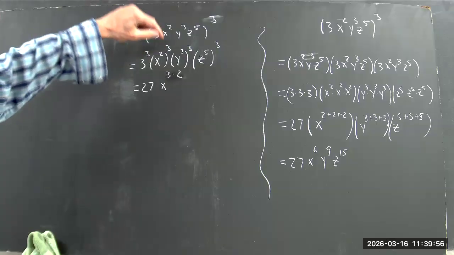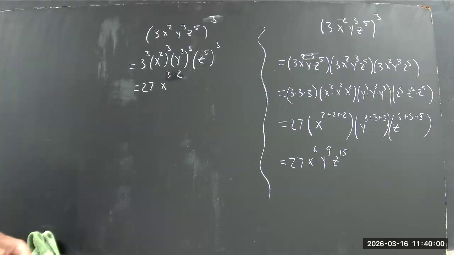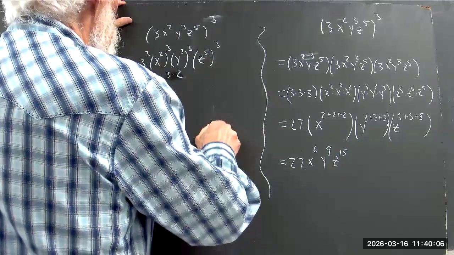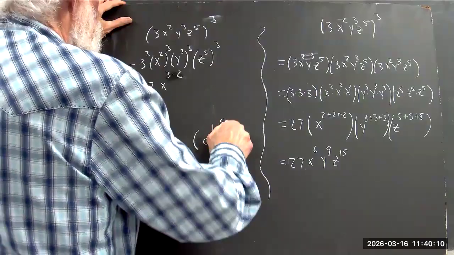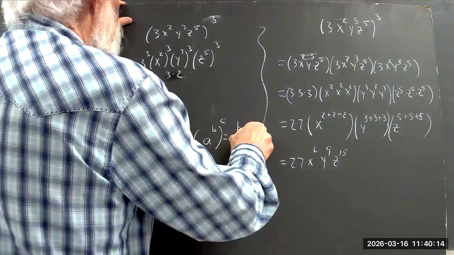For cubing x squared, we multiply 3 by the exponent. Fair enough? So here's another rule. A raised to the b to the c power is a to the b times c.